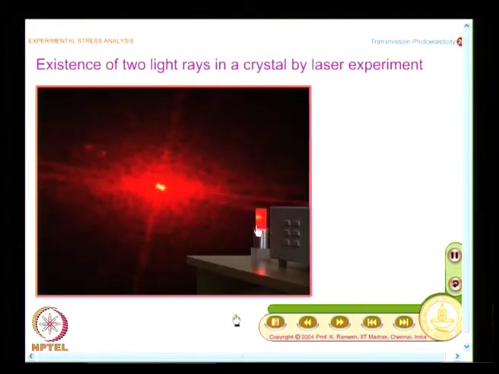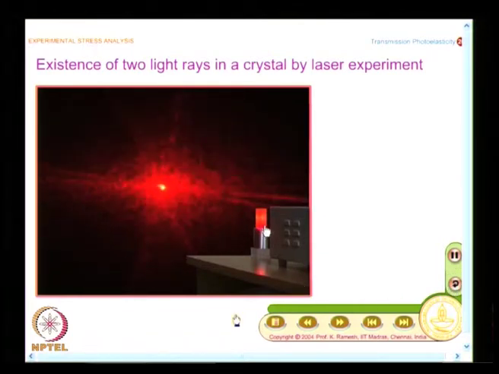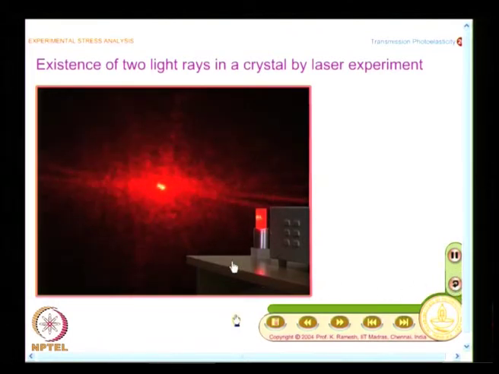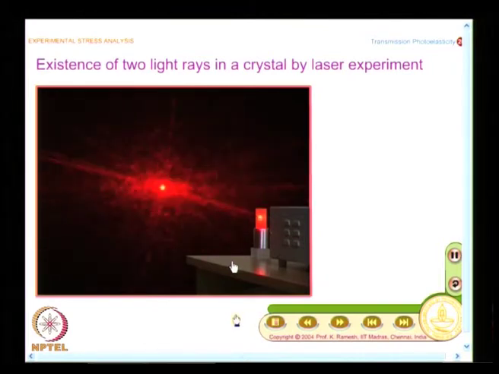You see that this crystal is rotated. I have 1 dot becoming 2 dots. Have you all seen it? Have you been able to observe it? That is a key point, and once you understand this, there is joy in doing photoelasticity, because you know the ins and outs of what happens within the model.